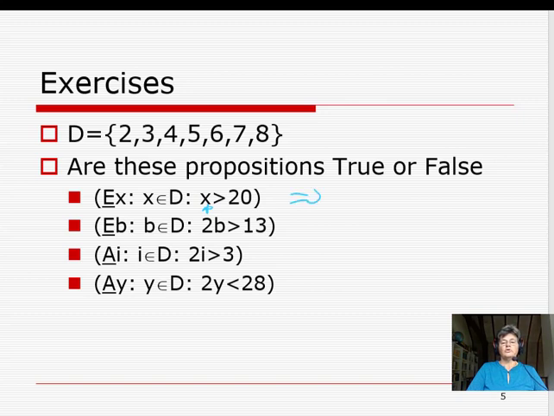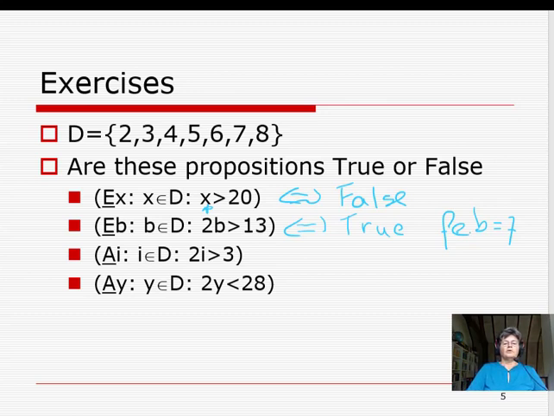And then of course you would say no. So this is false. Okay, can you find the second one? Can you find the b in such a way that 2 times b is larger than 13? Yes, of course we can. True. For example, take b being 7. That would do the trick.